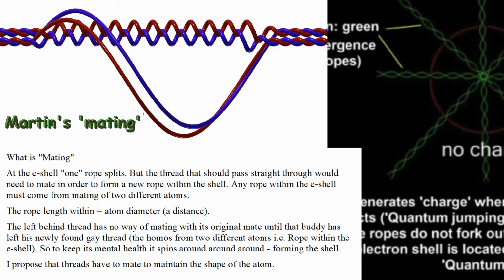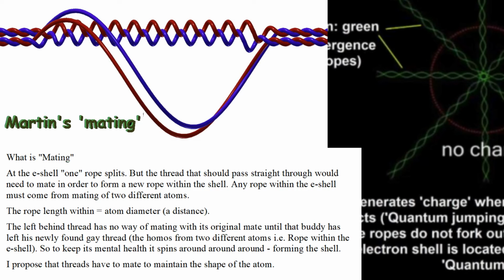Or you can even call it the radius, because if it turns the corner at the center for whatever reason, which is another possibility, then we would be talking about the radius, which is still more or less in the ballpark. The left-behind thread, the one that stays behind, has no way of mating with its original mate until that buddy has left his newly found gay thread.